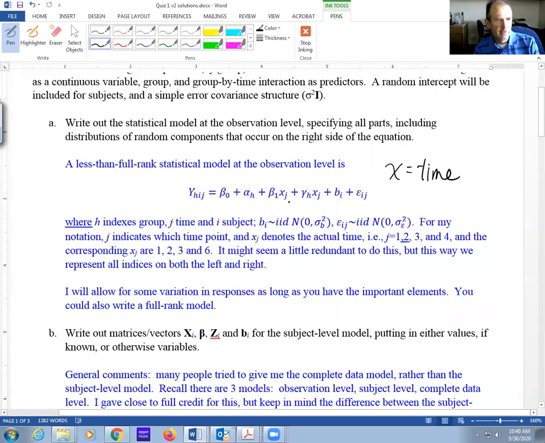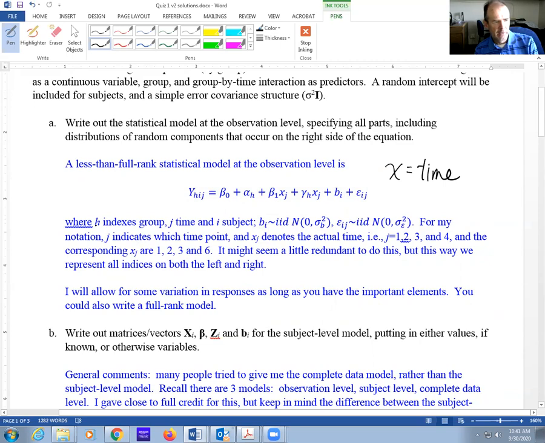But you definitely need the predictor itself and its coefficient, and not just one element, because the coefficient is going to be the slope for that predictor, so that's important. But otherwise, it seemed like people got this one.